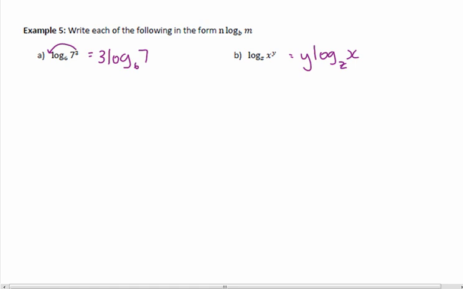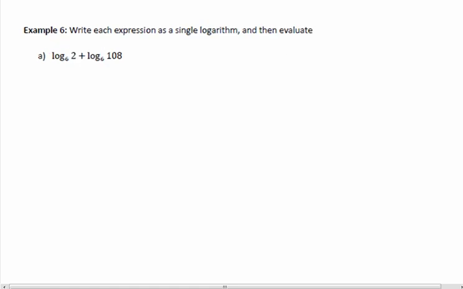Don't know how to do C. Caitlin, circle it and we'll go over it right away. Write as a single log. If you have multiplication or division, simplify the inside if you can. And then it says evaluate, so get your answer after. Before you can combine these, you have to put this 2 up here as an exponent.